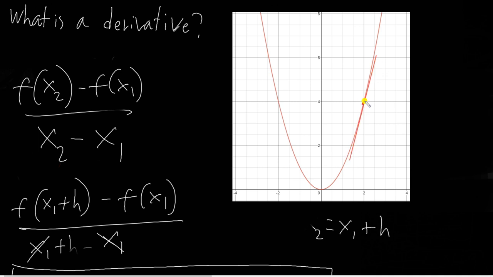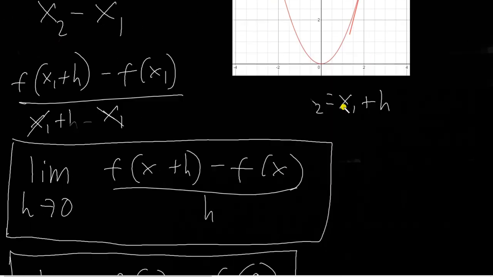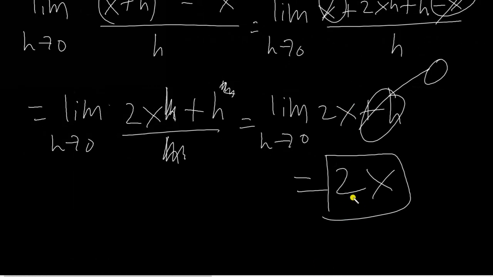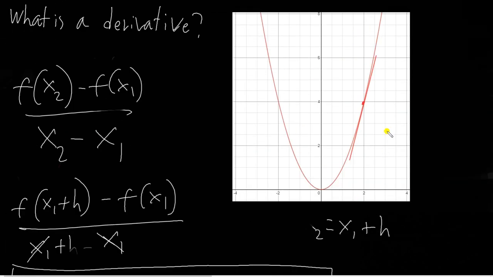Remember the whole point is to find the slope of this tangent line. Well, we did all this math, and we found out that the slope of the line is 2x.